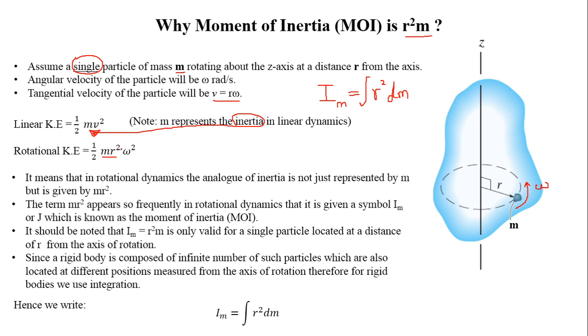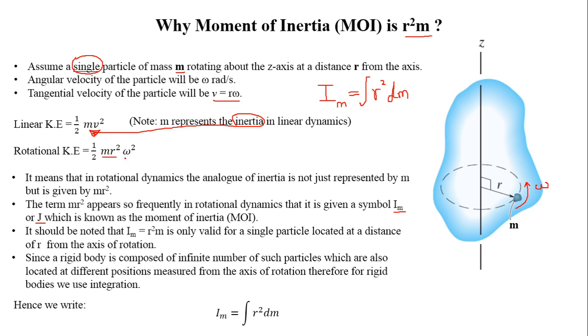This product appears so frequently in systems that undergo rotational dynamics that it has been given a unique symbol, I subscript m, or in some textbooks J.